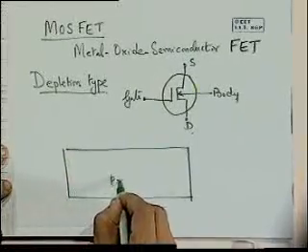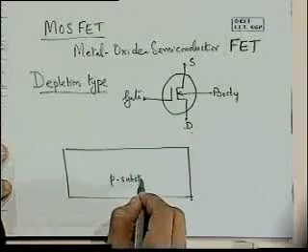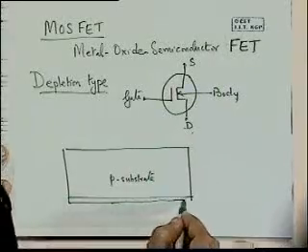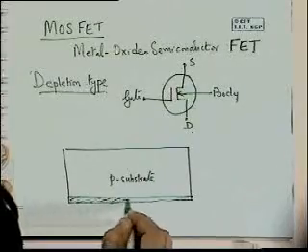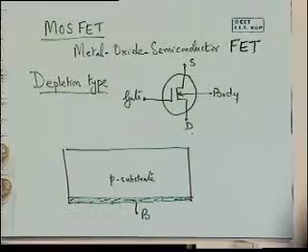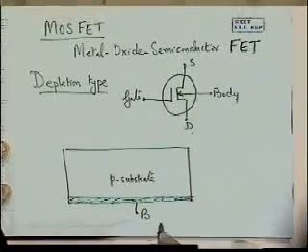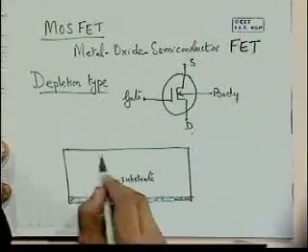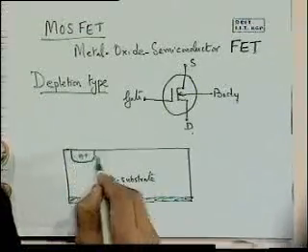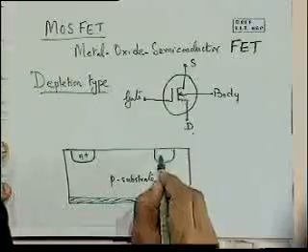I have a P-type substrate, and at the bottom we have a connection which is the body. And then there is an N plus layer here and an N plus layer here.